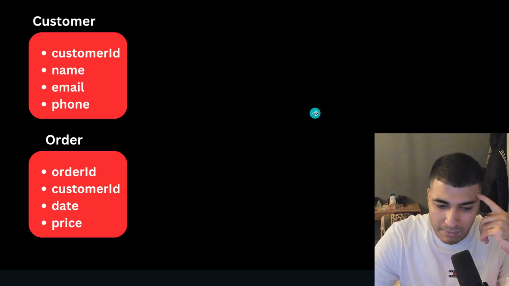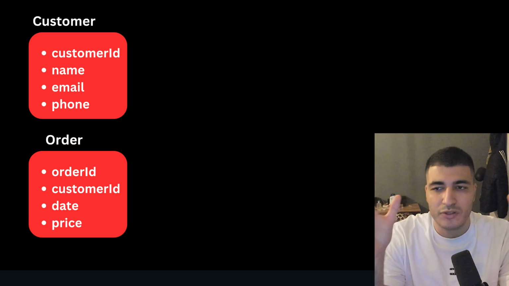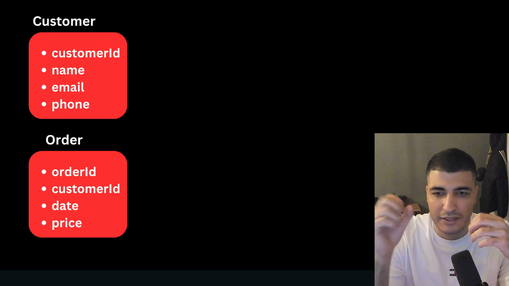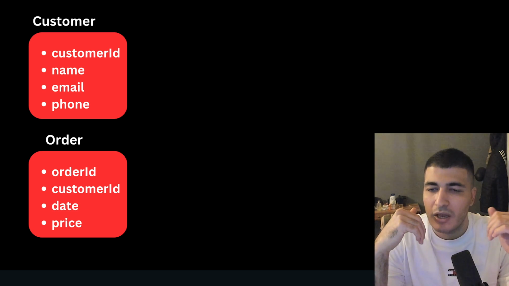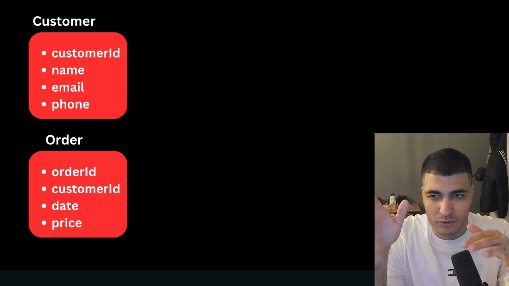Okay, let's take an example for normalization. Imagine you have a customer database. If you place customer details like name, email, phone, etc., and also we have an order table.